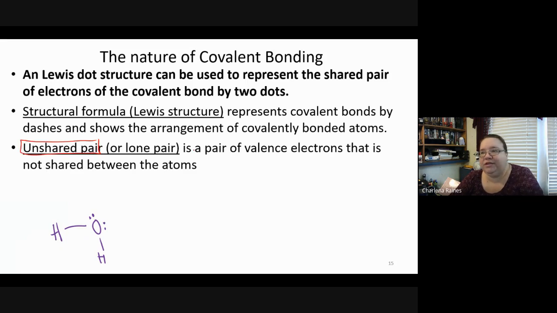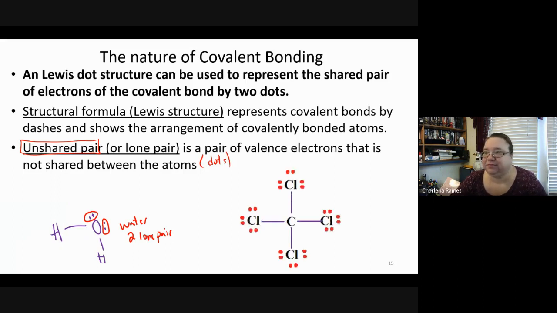These are the dots in our pictures, the dots that are all by themselves. So I'm going to circle my lone pairs of electrons in my water molecule just to emphasize them. Notice that water has two lone pairs because there are two pairs of dots.